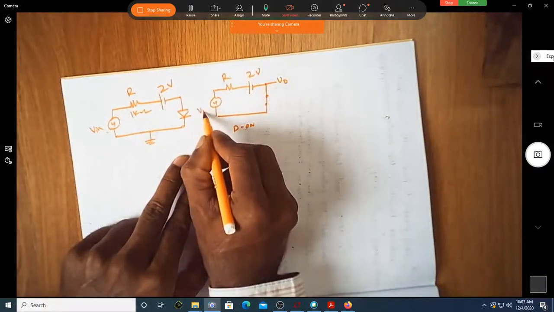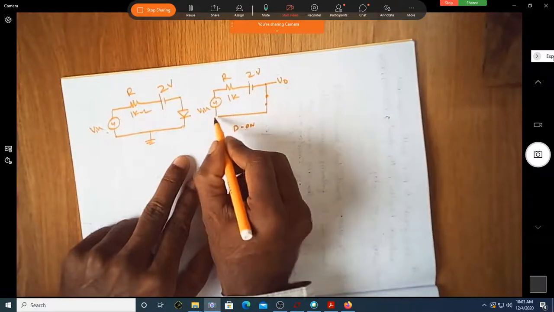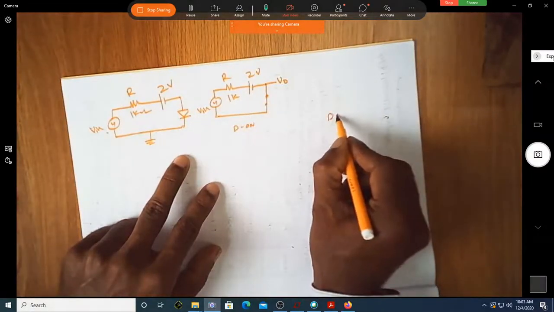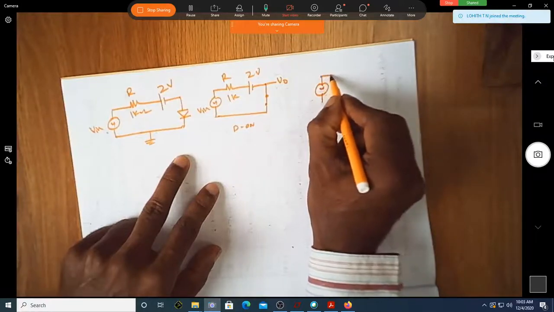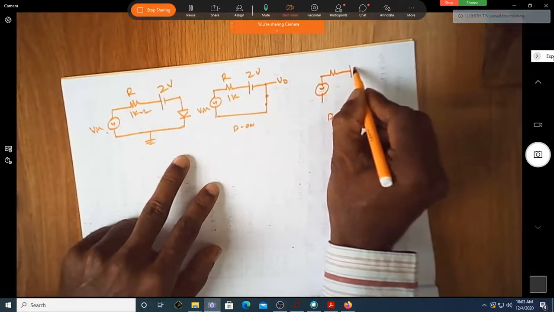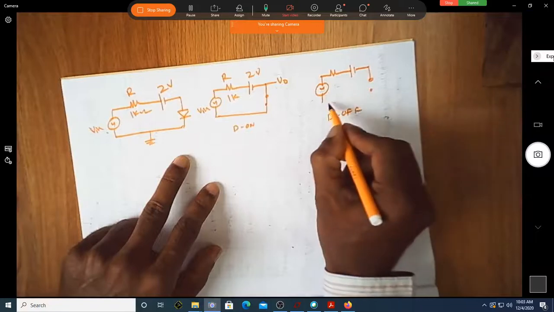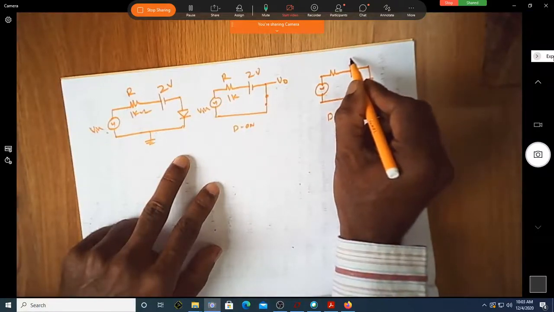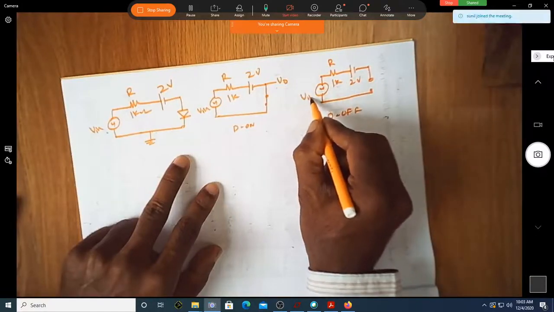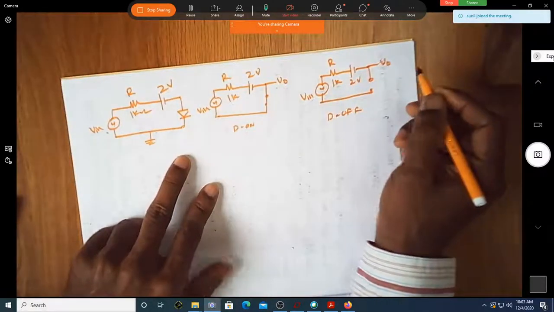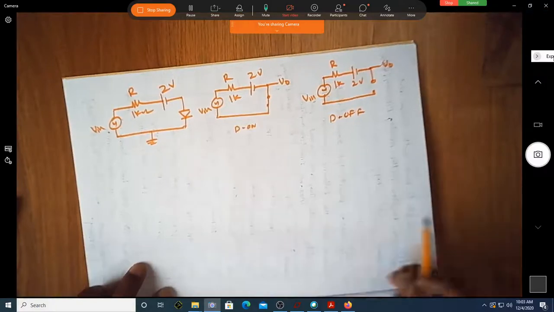This is R, this is V, this is 1 kilo ohm. When D is off, I will have this as the equivalent circuit. This is 2 volt and R is equal to 1k. This is V in and we are supposed to find V naught.